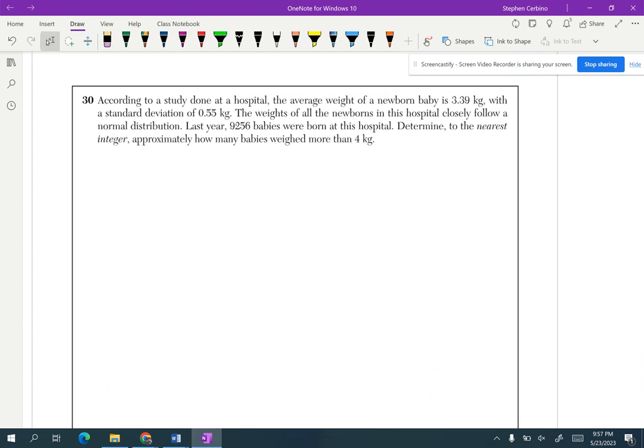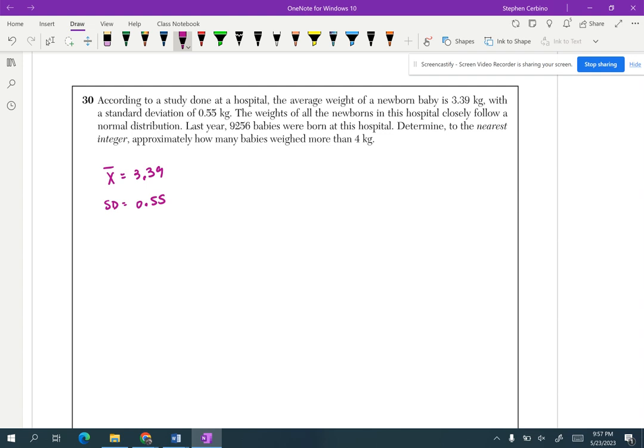Number 30 says, according to a study in a hospital, the average weight of a newborn baby is 3.39 kilograms with a standard deviation of 0.55. So we have an average, or a mean, of 3.39, and we have a standard deviation, which is 0.55.